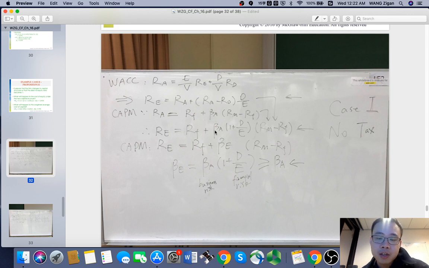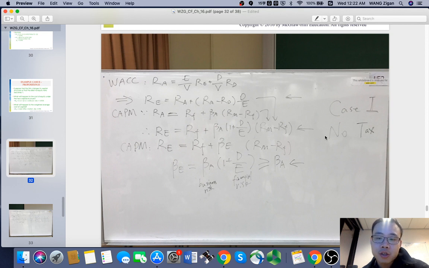So it's going to be RF plus beta A times (1 plus D/E), so it's going to be V divided by E, okay, because E plus D will be V, the firm value. And we also compare this one with the CAPM model of ROE. So RE will be RF plus beta E times (RM minus RF), because for whatever equity, whatever asset, your asset's return should be the risk-free rate plus your asset's beta times this risk premium.